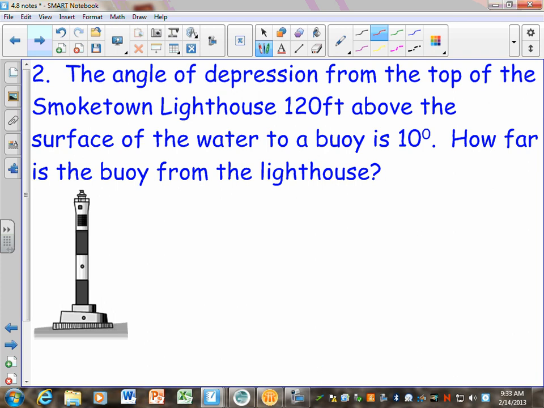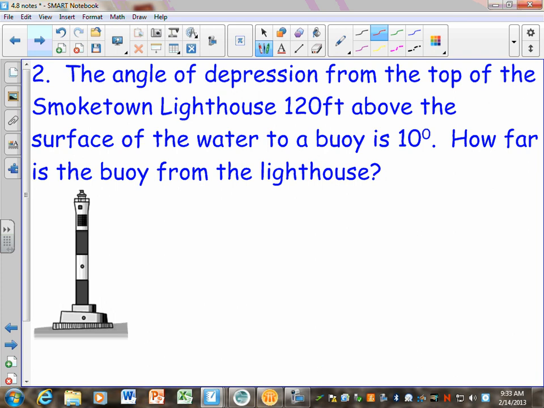The angle of depression from the top of the Smoketown Lighthouse, 120 feet above the surface of the water, to a buoy is 10 degrees. I definitely don't need to know that it's the Smoketown Lighthouse, but the angle of depression is 10 degrees.